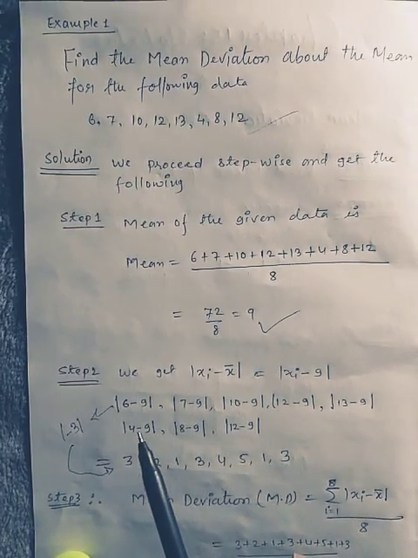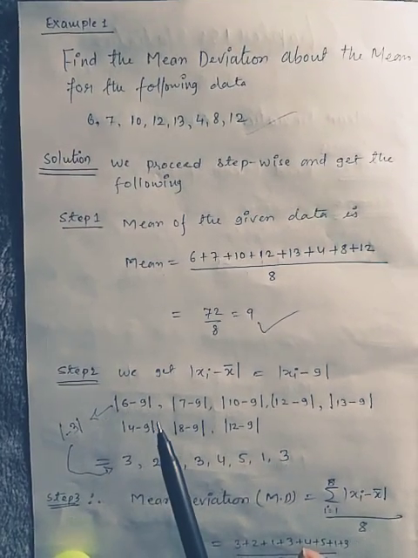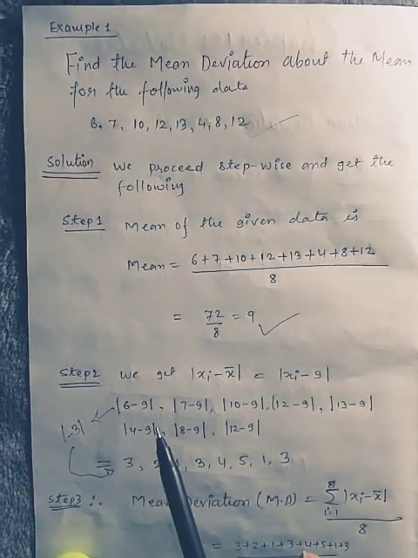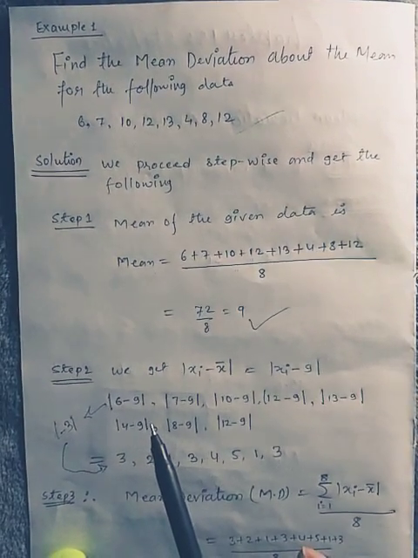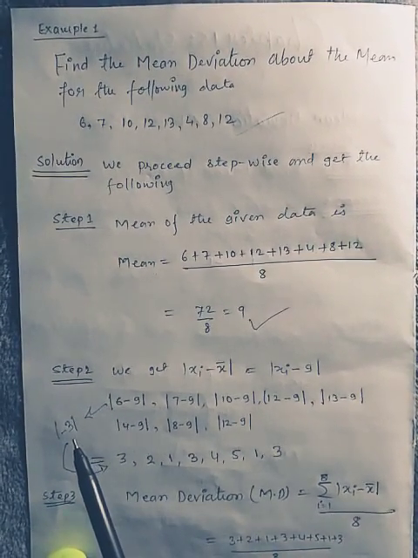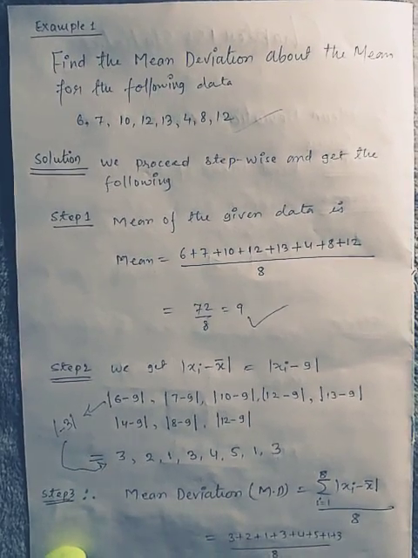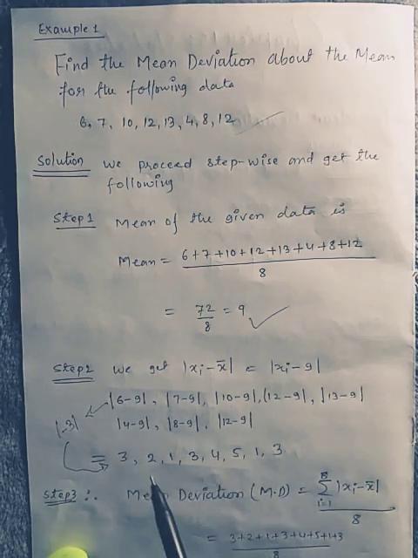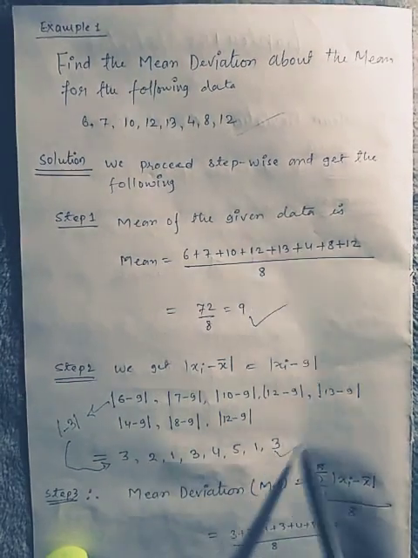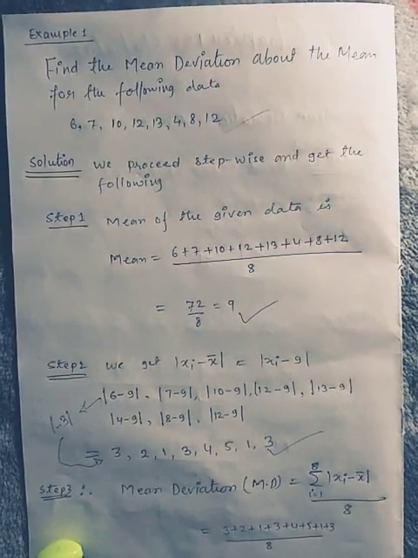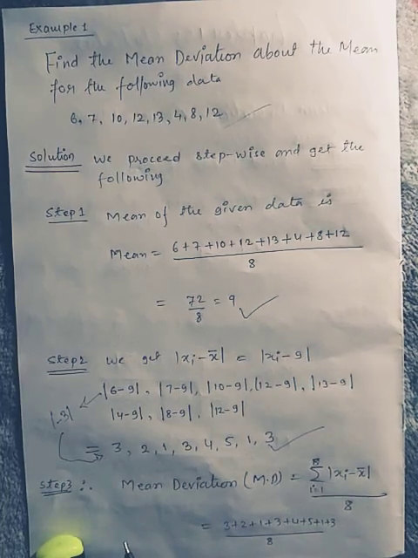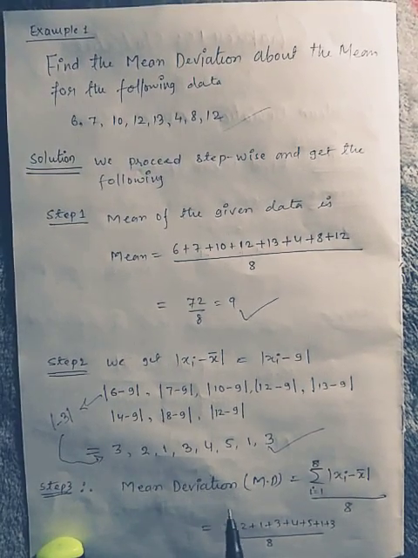Modulus is used for absolute value, and absolute means neglect the negative sign. So we neglect this negative sign, we get 3. And after all simplification, step 3, mean deviation.